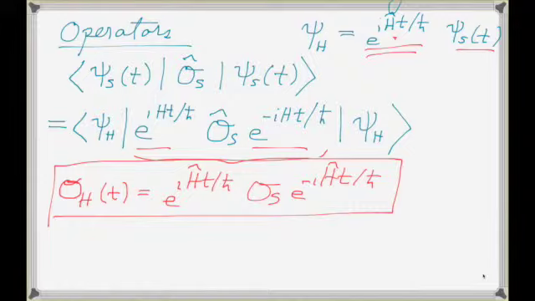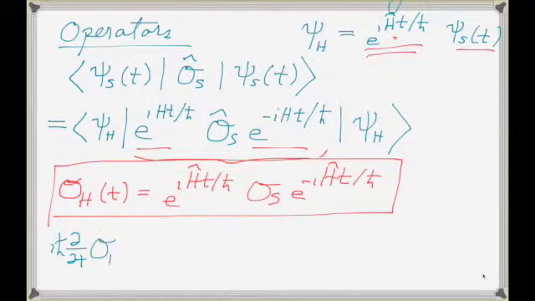The time dependence gets transformed into the time dependence of the operator. So if we take the time derivative of the operator now, i h bar d/dt O_H of t. In the Schrodinger representation, the operators are time independent.